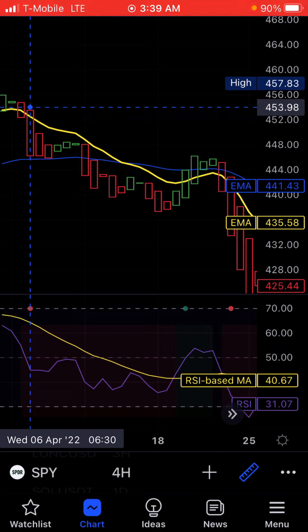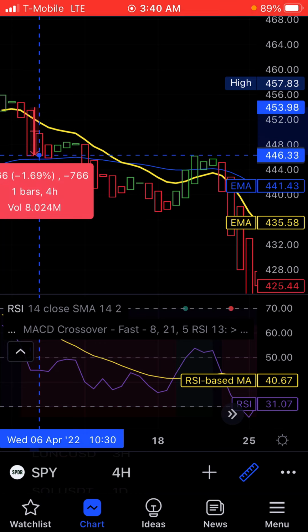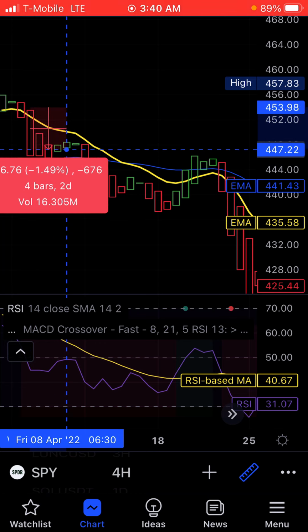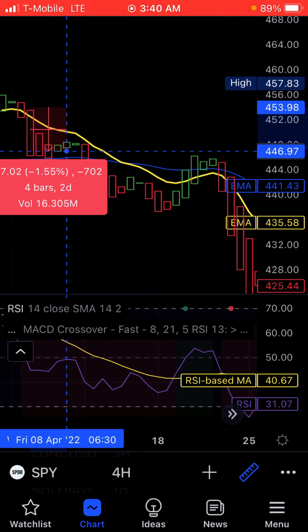So anyway, in this scenario, we want to make sure we look at the relative strength index. The purple line is below everything. Everything checks off. So I would come in at a 453 put at this point, and then I would ride it out. That's 1 day, 2 days right here.